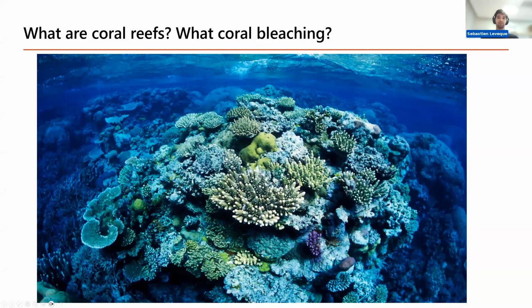So coral reefs are one of the most diverse ecosystems in the world, where 25% of all marine species live in and around the coral reefs. As you can see on that picture, coral reefs are quite large structures, but they are made of really small animals called polyps.